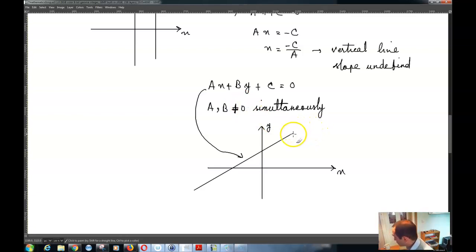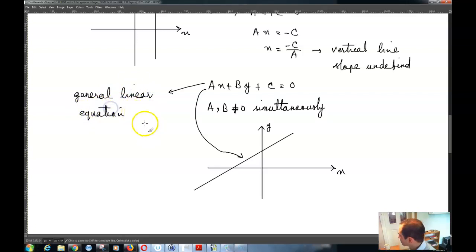If a and b are not equal to 0 simultaneously, they call this the general linear equation, or the general equation of a line.